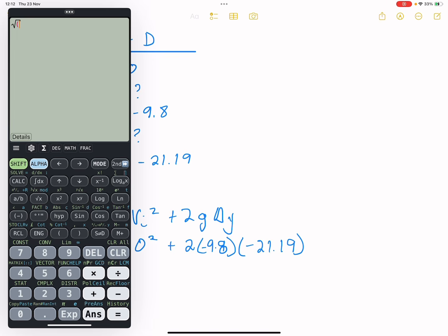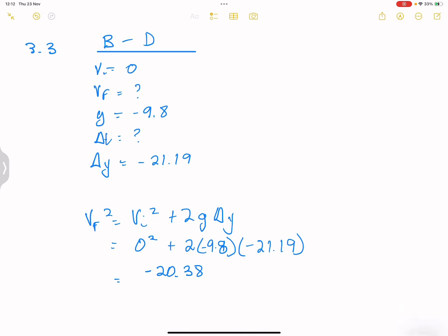That's going to be 2 times 9.8 times 21.19. And we get a final velocity of, now remember ladies and gents, I said when you take the square root you get plus or minus. So this would be minus 20.38. So why is it negative? Because it was heading downwards, so our final velocity there is negative because it was going down.